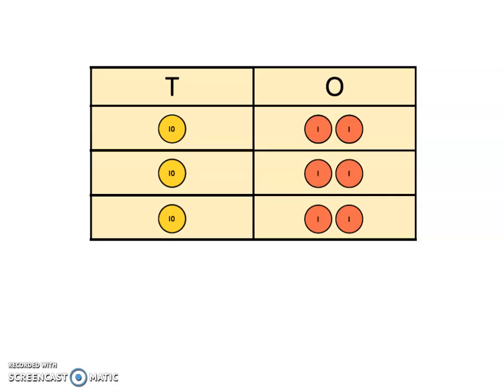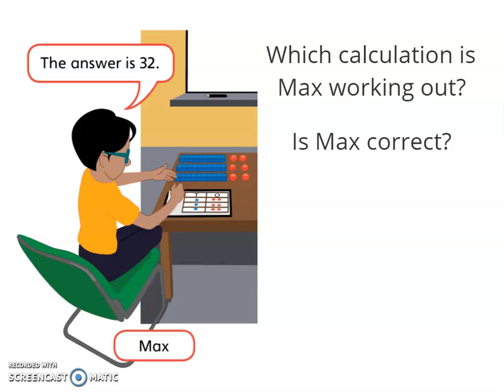So what we're looking at with this is his first question is going to be 3 times 12. So we have one lot of 12, two lots of 12, and 3 lots of 12 to give us a question of 12 times 3. Now Max has given his answer is 32, so he's saying that 12 times 3, 3 lots of 12, gives us an answer of 32. So let's see whether he's correct on this.